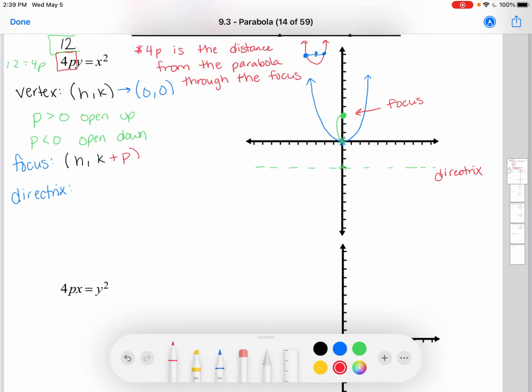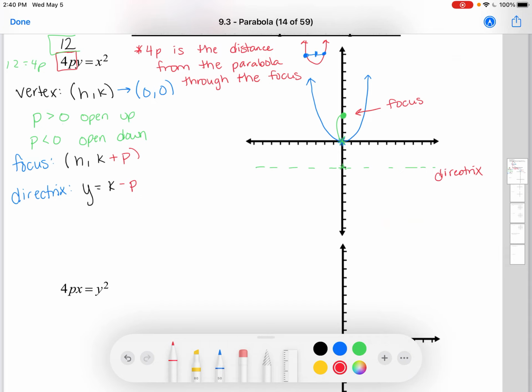Looking at my directrix, this time because it is a horizontal line, it's going to be in relation to Y, and it's going to equal some constant, and I go back to the vertex, which was K, and this time I use my P by subtracting my P. And that will tell me the exact location, the exact equation of the directrix.